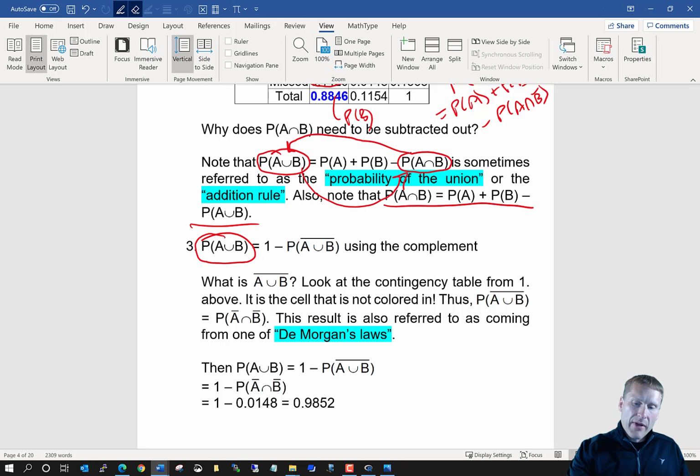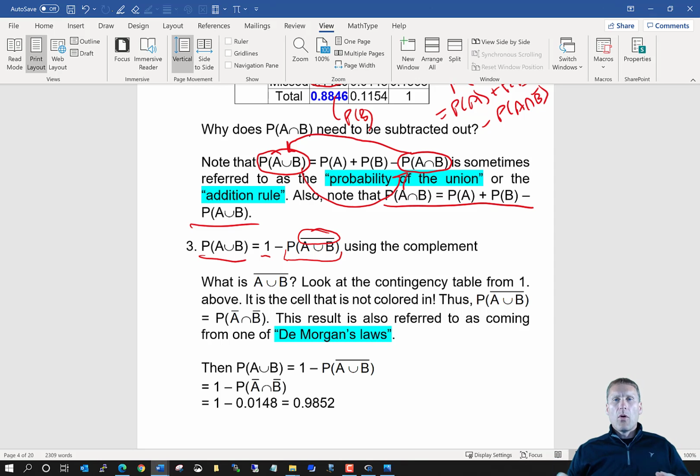And so what ends up happening is this probability of A union B is equal to 1 minus the probability of A union B, but look at this, we extend the complement all on the top. Well, what is then A union B with that line on the top?